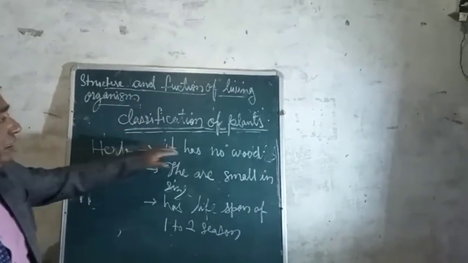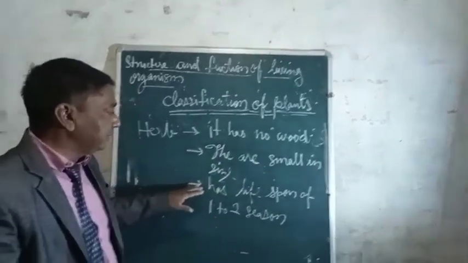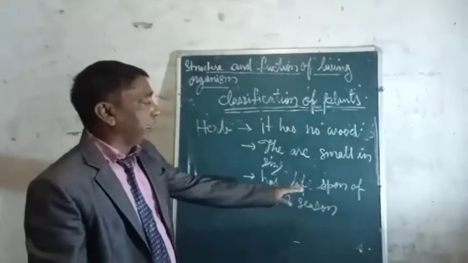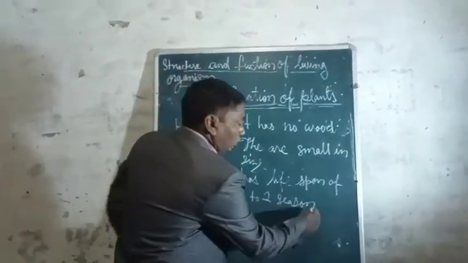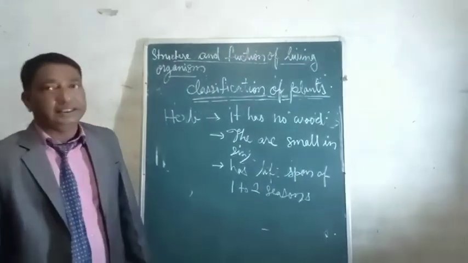Now herbs will have no wood. They are smaller in size and their lifespan can be of one season or two seasons.